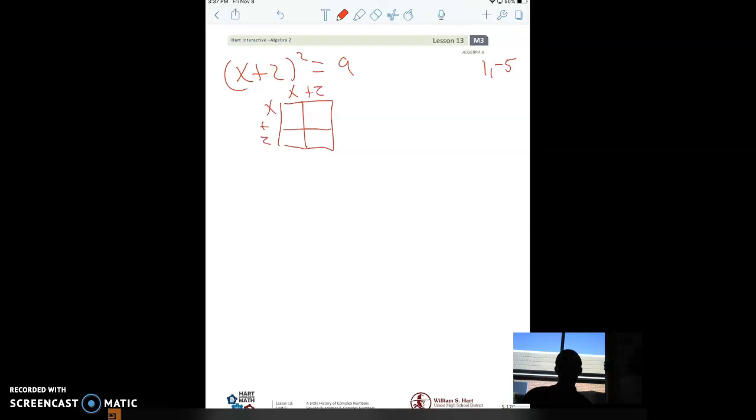I need to do (x + 2)². You should already know how to fill in the box. I'm going to add everything together, and finally, on the left side, I get x² + 4x + 4. So I'm going to replace (x + 2)² now with x² + 4x + 4.